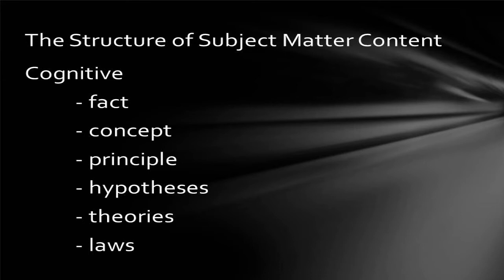Because principles are formulated from facts and concepts, the ones that could validate these principles are theories. And then we have the laws. Laws are firmly established, thoroughly tested principles or theories. So it means that these ones are really tested, unlike theories.